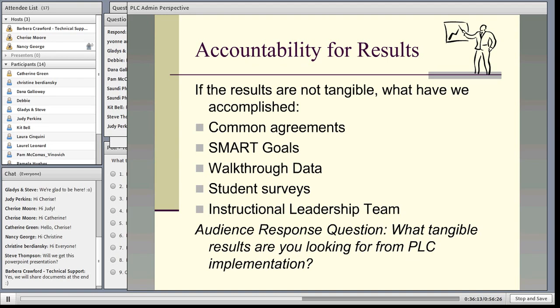And the third was that every lesson would include one of the following methods for evaluating the learning objective: either a classroom formative assessment, a common formative assessment, or a summative assessment. So our common agreements were around good specific learning objectives, checking for understanding, and either formative or summative assessment.